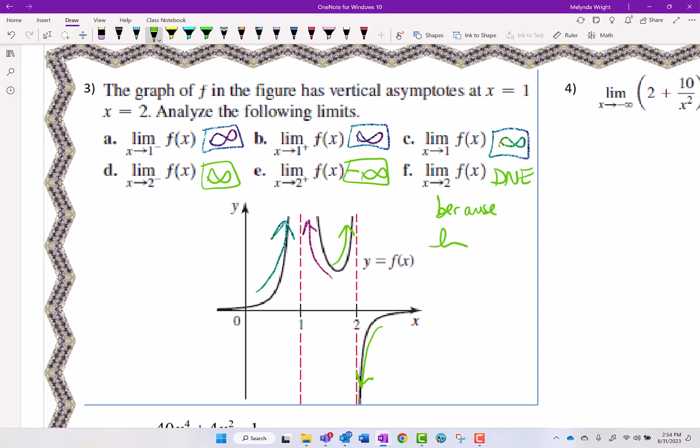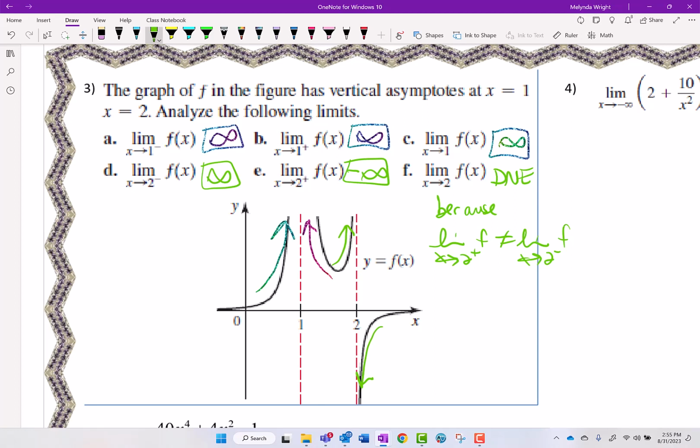You could use the mathematical notation: the limit as x goes to 2 from the right of f does not equal the limit as x goes to 2 from the left. You could write it like that, or you could write it in words, whatever you're more comfortable with. You could say does not exist because the two one-sided limits don't tend to the same direction, or they don't equal the same number, or there's a lot of ways you can say it.